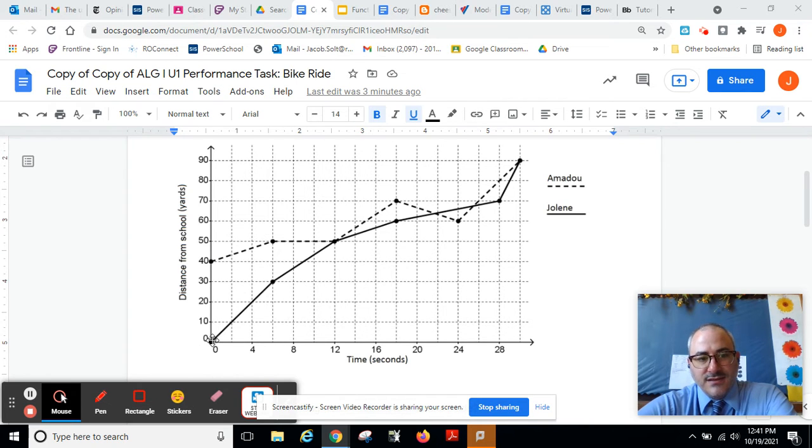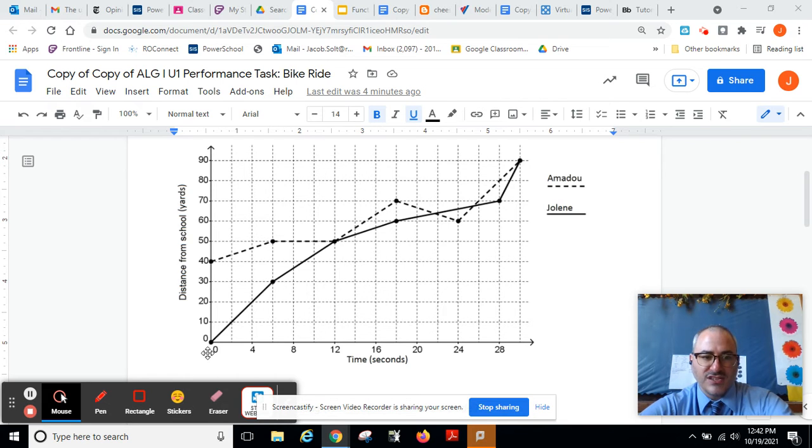And let's see. What does it mean right here that this line is steeper? It's a steeper slope than this line right here. What does that mean if Jolene's line right here is steeper than Amadou's line right here? What does slope mean in a graph?